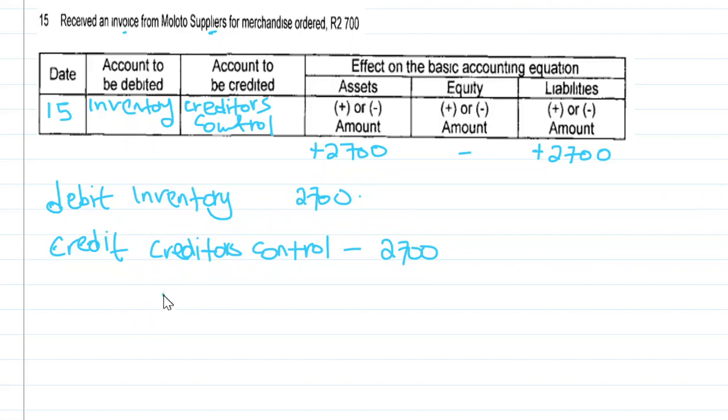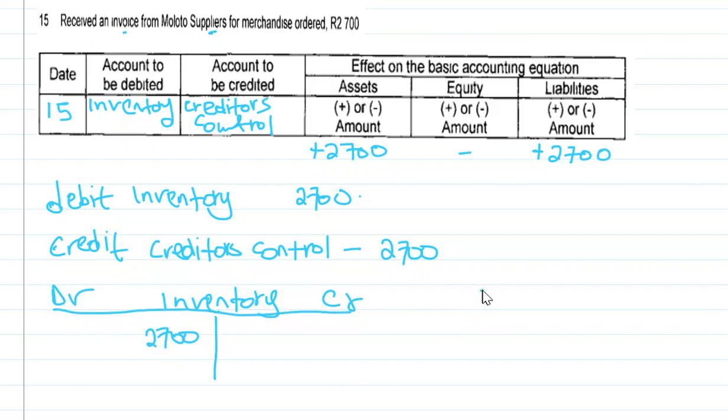Then if you are told to open up your account, you are gonna do this. Debit and credit, 2,700. This is the inventory. Then for creditors control, I'm gonna say creditors control.